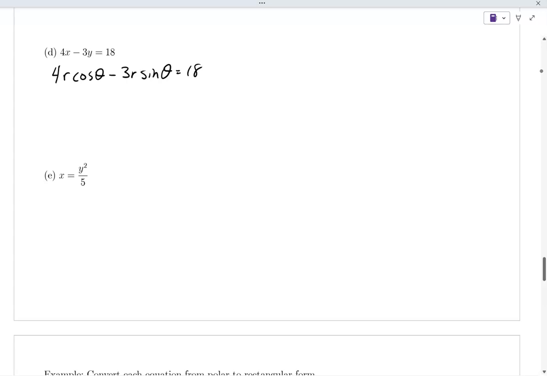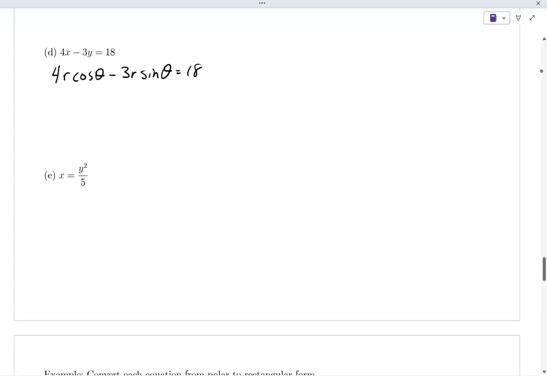What should I need to do to the left-hand side if I want to try to solve for r? Well, if I just want to get r by itself, what do I notice is in both of those terms? I want to get r equals something.